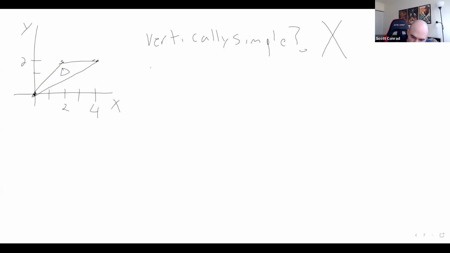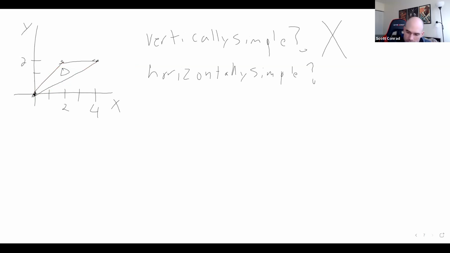How about horizontally simple? If we do the horizontal line test, is it always going to hit the left in the same curve and the right in the same curve? Yes, it is horizontally simple, right? Do a horizontal line somehow. You're always going to hit the left on this curve and the right on this curve.